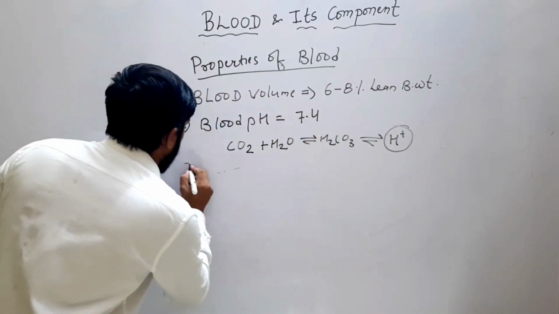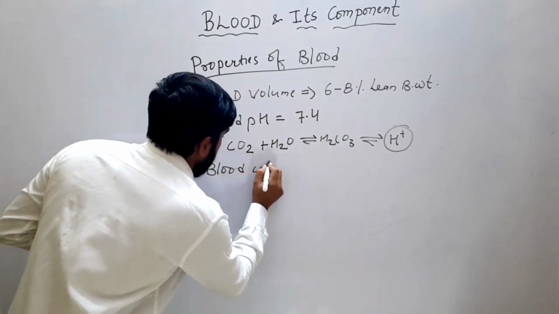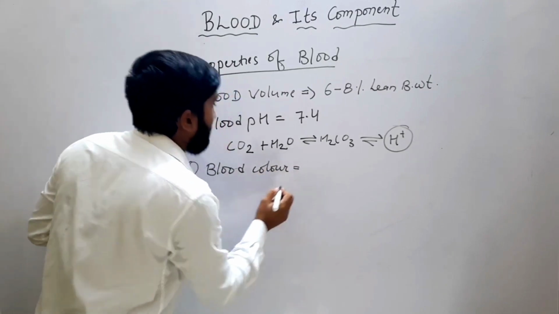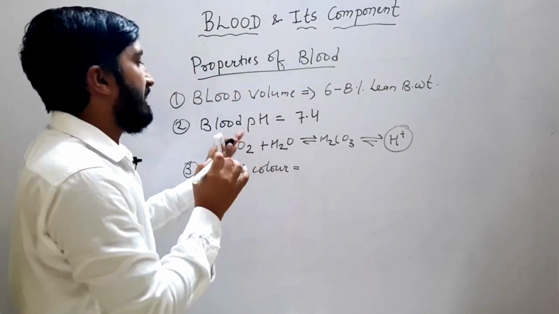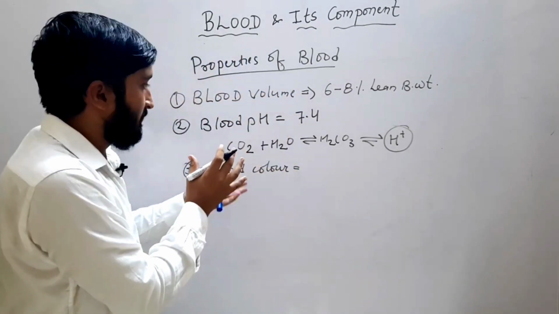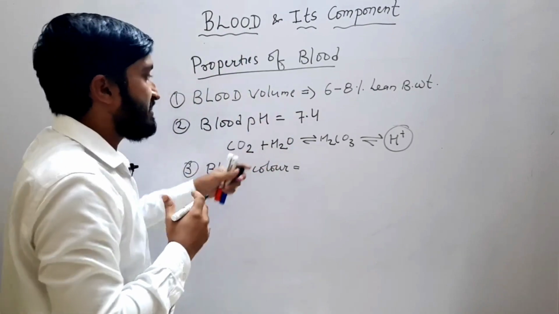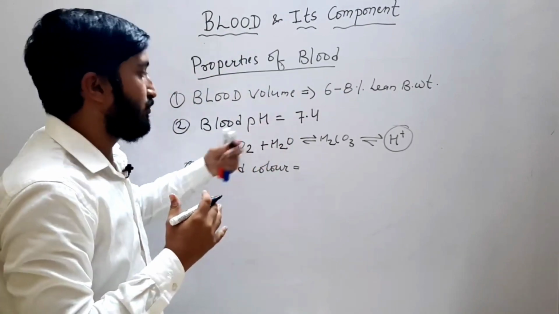Right, now the third, blood color. Blood color is reddish, and blood is generally opaque, so we can't see through the blood.